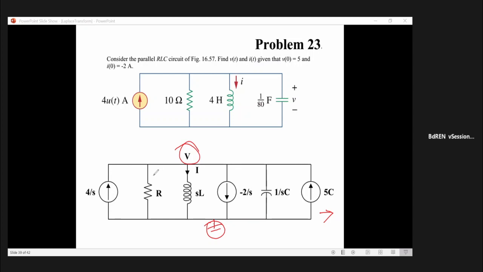Current leaving through this side is V/R, leaving here is V/(sL), leaving through this branch is V/(1/(sC)). Current leaving here is -2/s, and current entering the node is 4/s plus 5C. So you can easily write the equation, insert the values of R, L, and C, and solve for V.